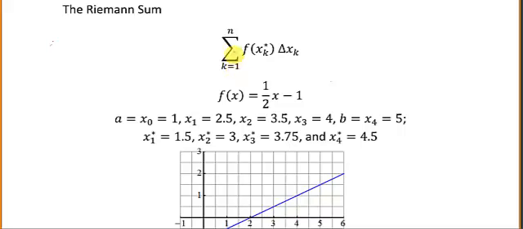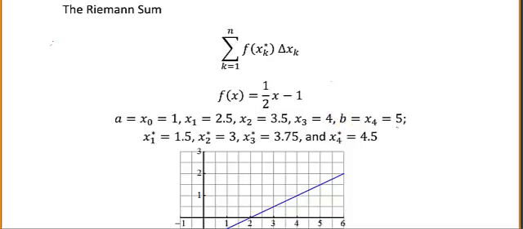The sum is k goes from 1 to n of f of x sub k star times delta x sub k, for the function f of x equal to 1/2 x minus 1, where a, the left end, is x0, which is 1, x1 is 2.5, x2 is 3.5, x3 is 4, and x4 is b, which is 5.